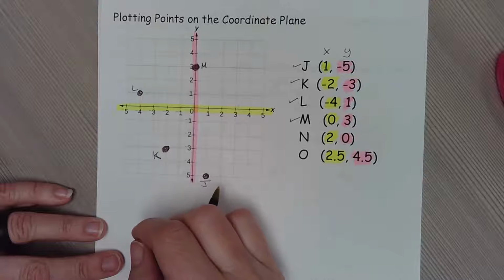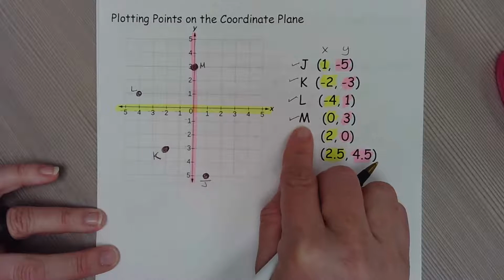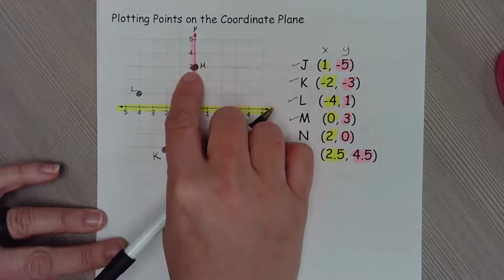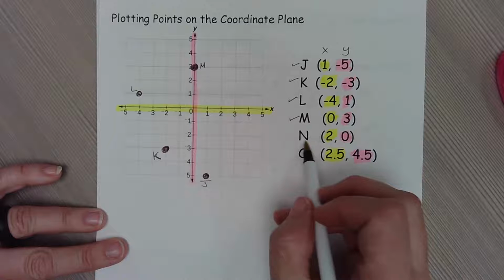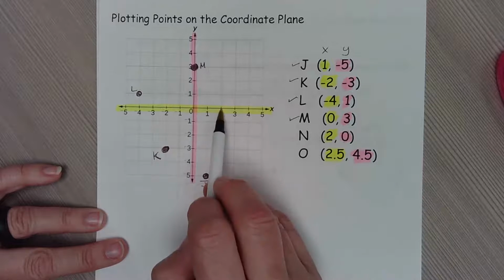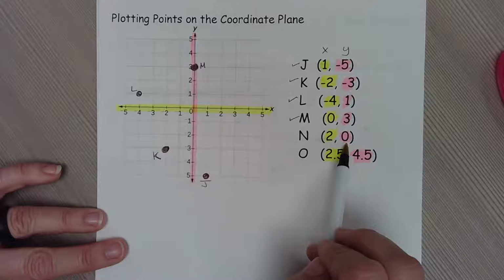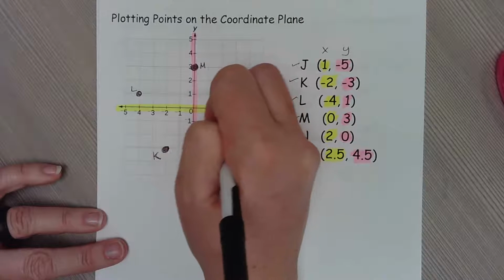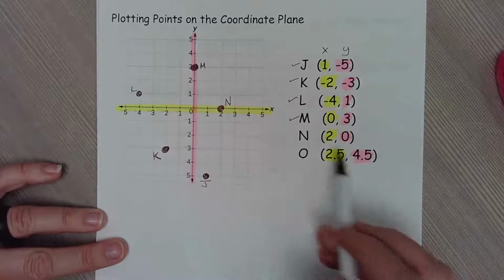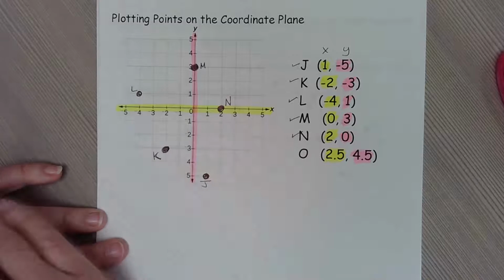So if I asked what quadrant M is in, M is not in a quadrant. M is on the y-axis. Now for N, we're going to go over to the 2 on the x-axis right here. And then it tells us not to go up or down any. So N is going to be right here. And if I asked for the location of N, it would be on the x-axis.